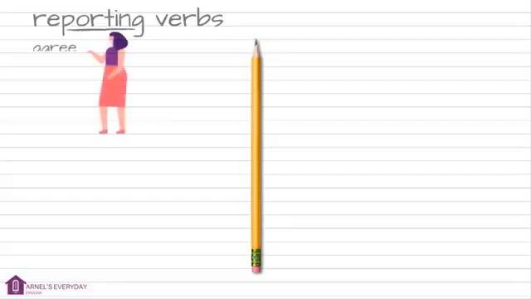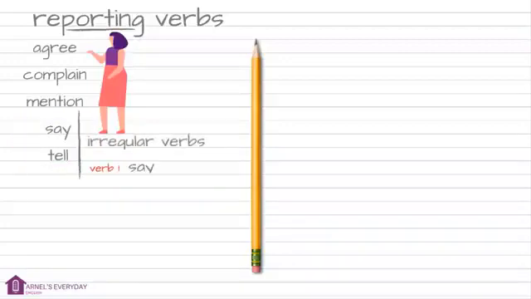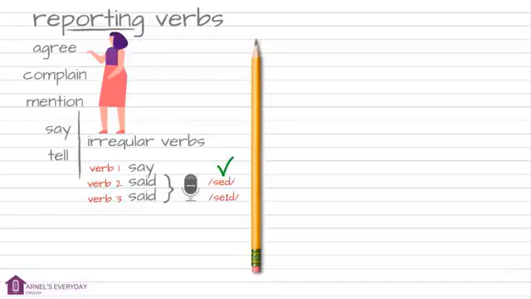For example, agree, complain, mention, etc. But say and tell are the most common, and in today's lesson, I'm sticking with these. They are both irregular verbs. Say, said, said. Remember, the pronunciation is "sed," not "sayd." Tell, told, told.